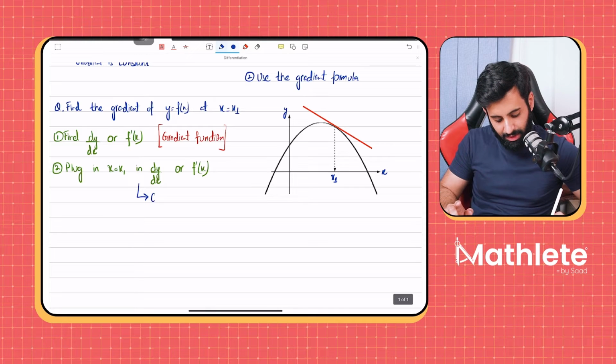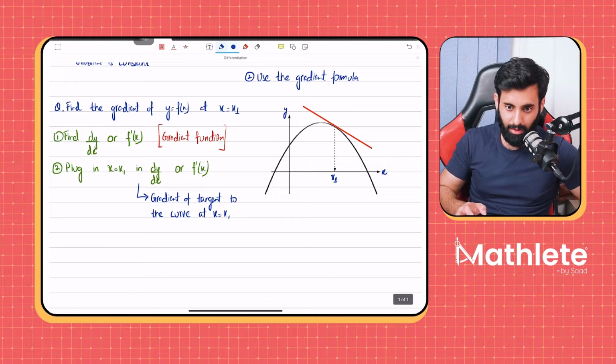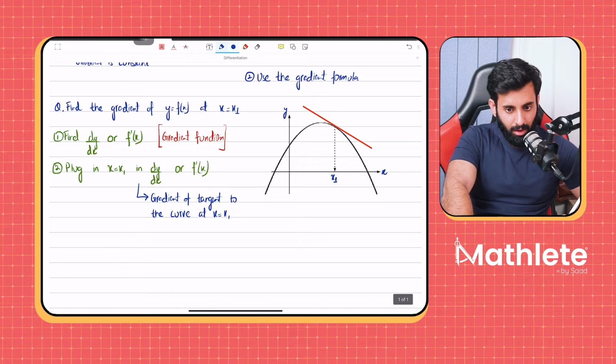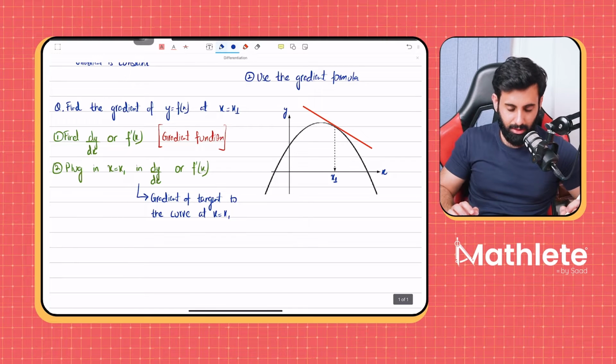And what is that? That is basically the gradient of the tangent to the curve at x equals x1. Okay. Now, this is how we use differentiation.